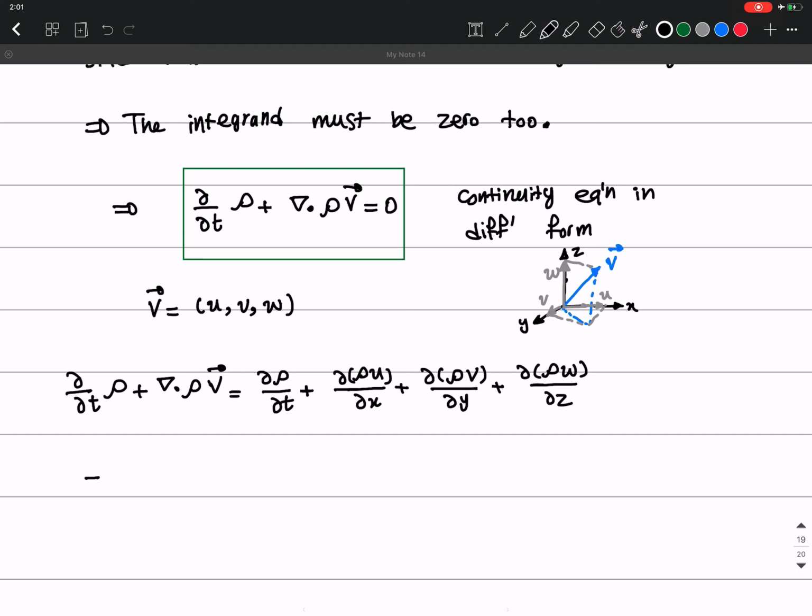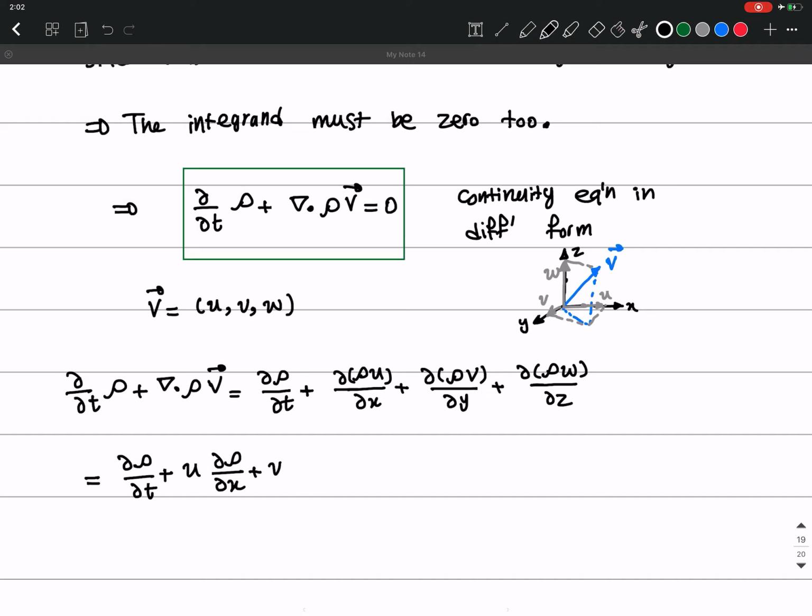And so now I can use the differentiation rule to write this as a sum of two terms. The first one is going to be partial rho partial t plus U partial rho partial x, and then the second one is rho partial U over partial x, which I'm going to write later.